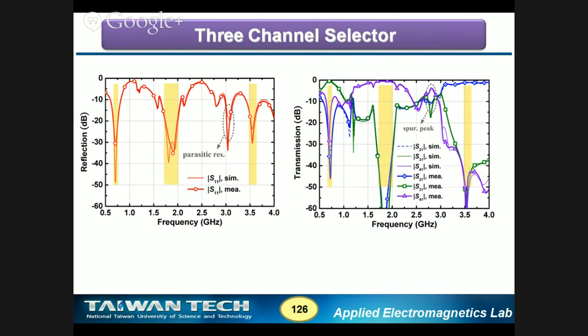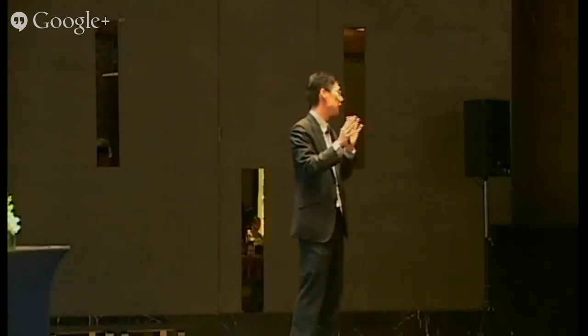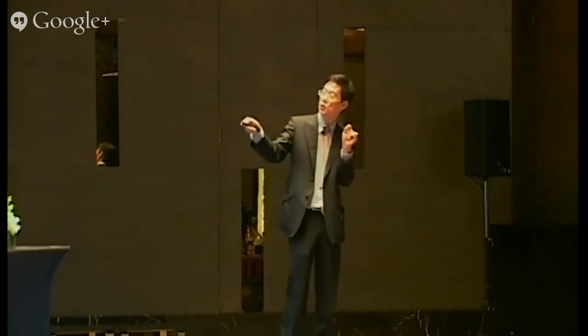And actually, you will ask me a question: how about the frequency ratio between them? I forgot the exact number, but the frequency bands are quite flexible. You can check out our paper. We do have some flexibility in selecting the ratio between the bands, so it is not fixed.